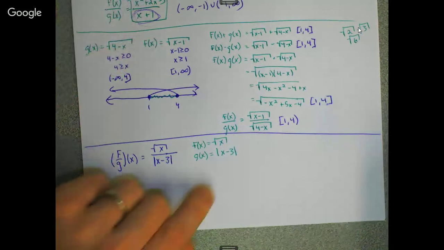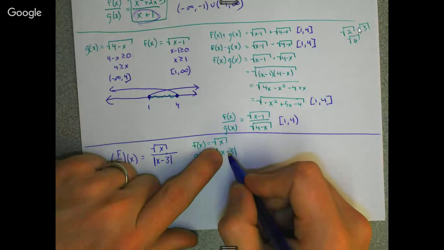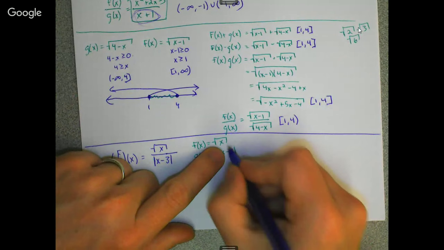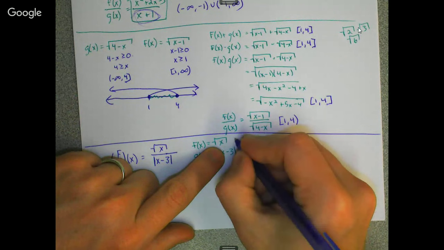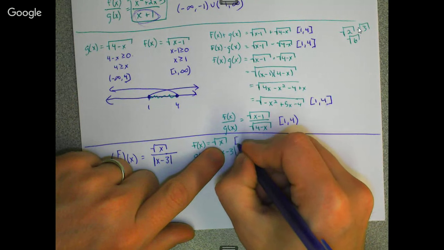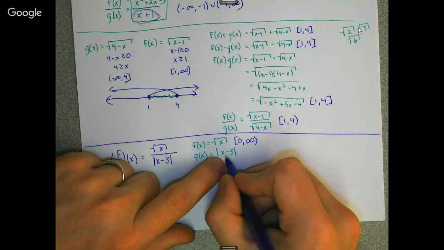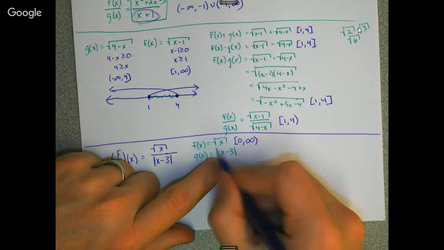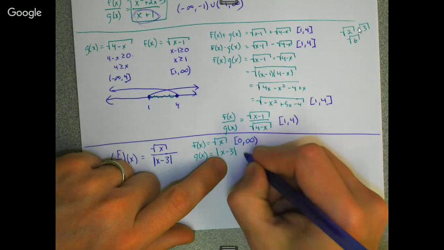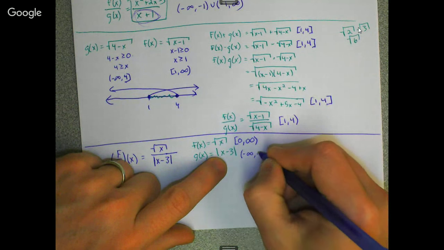Okay, so let's go through these two and find out what our domains are of each one. So x has to be bigger than or equal to 0, so we'll say 0 to infinity. And here I can have anything. It's an absolute value, that's a V, so it covers the entire x-axis, from negative infinity to infinity.